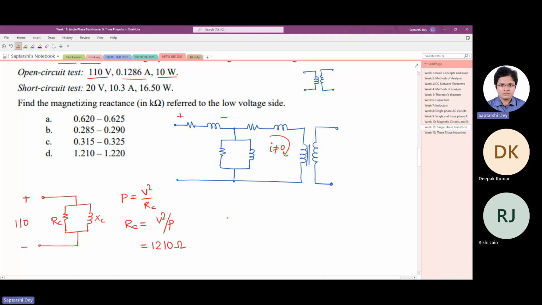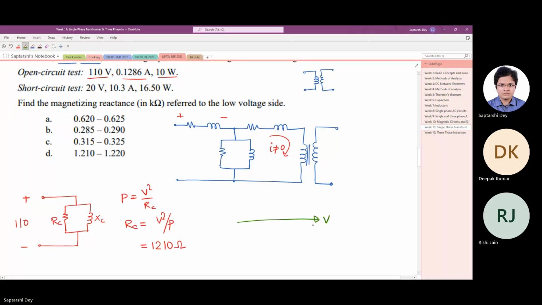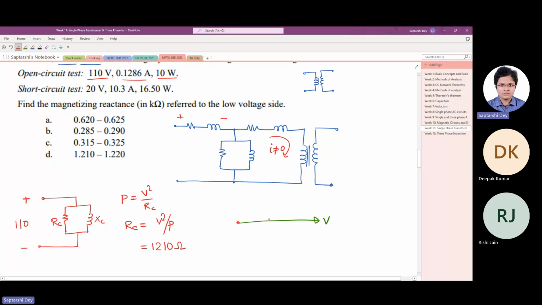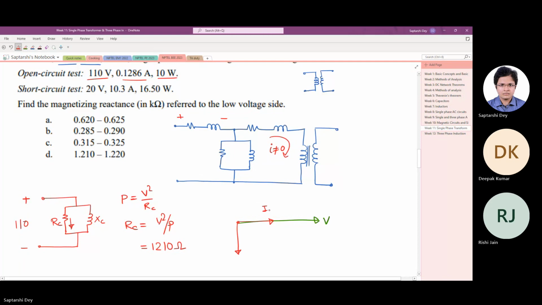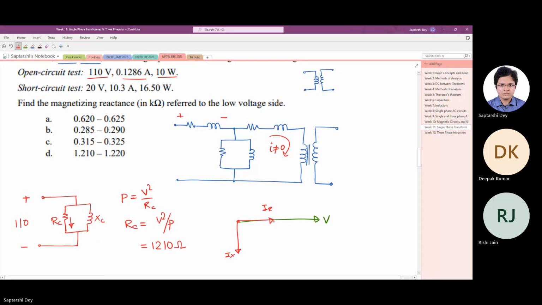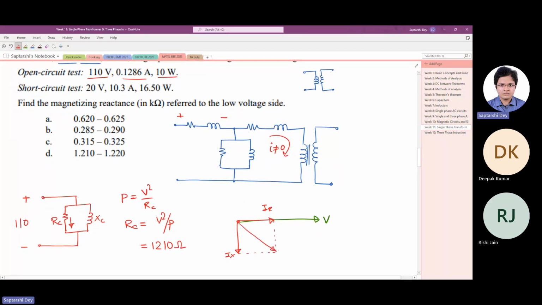How to find out? See, it's a parallel circuit. So if this is the supply voltage V, then this is the current drawn by RC, and this is the current drawn by XC. And this is the resultant that we are measuring at the terminal.